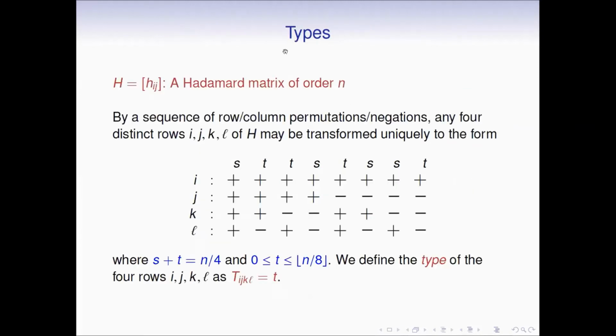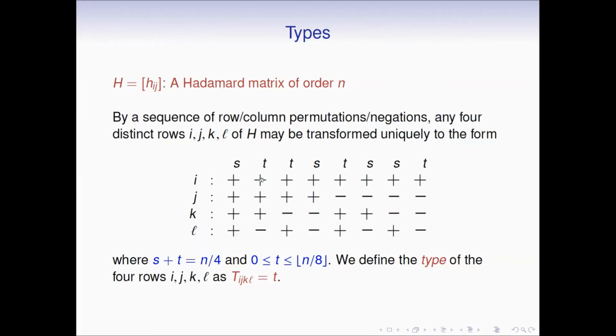To do this, we need to define types. Type is a notion which has been defined a long time ago and was used in classification of Hadamard matrices, I think order 28. So take H, a Hadamard matrix of order n with entries Hij, and we look at any 4 distinct rows, rows I, J, K, L, and we transform these 4 rows in this form.